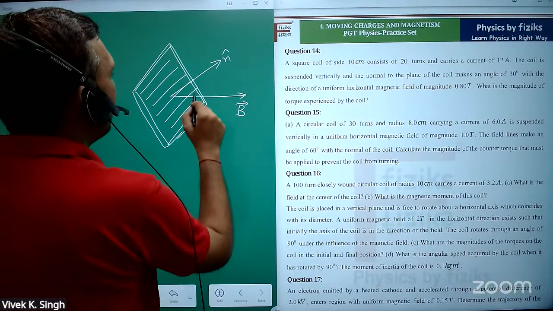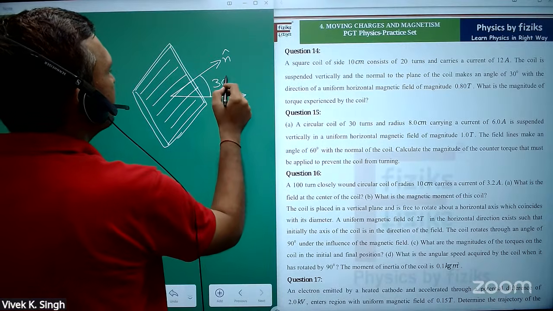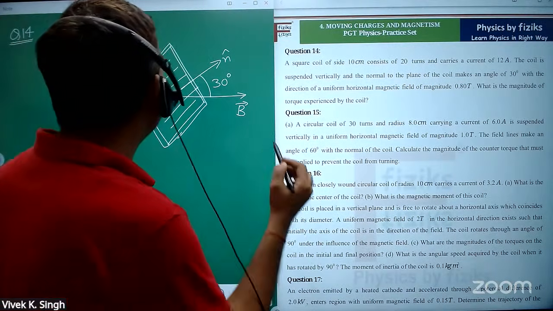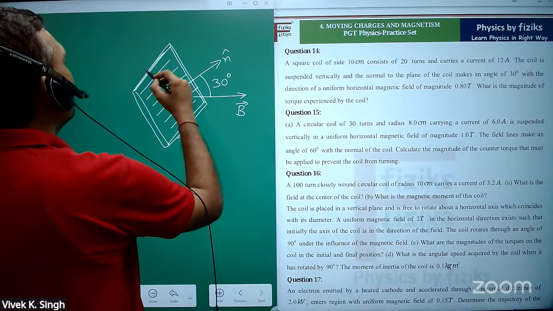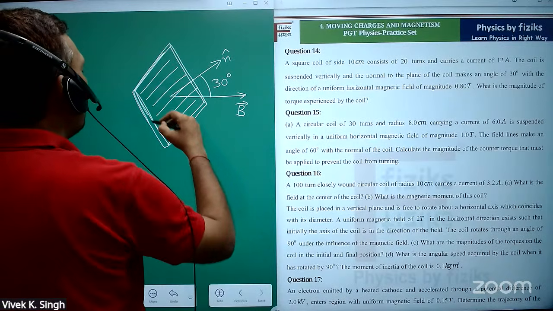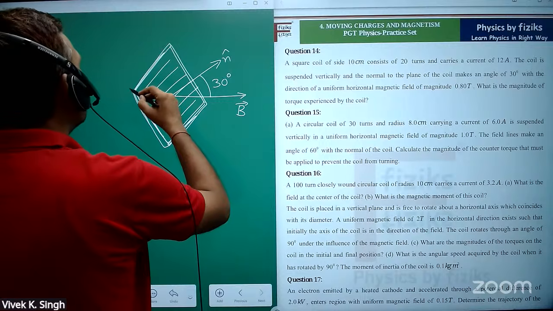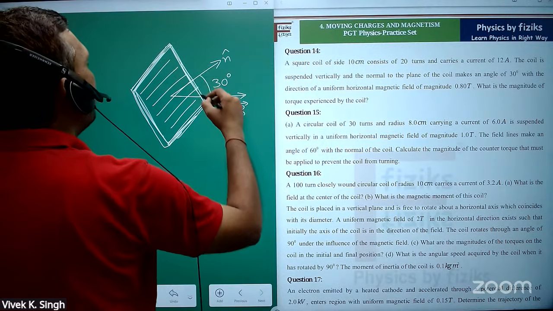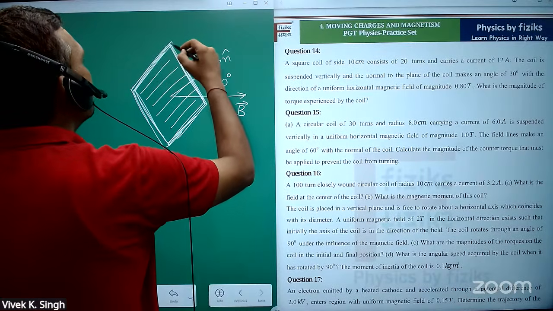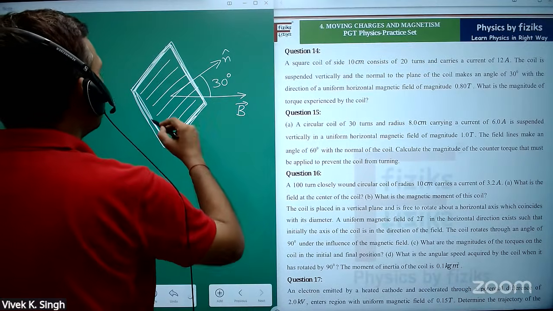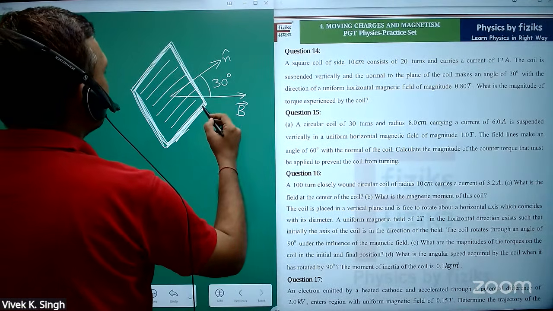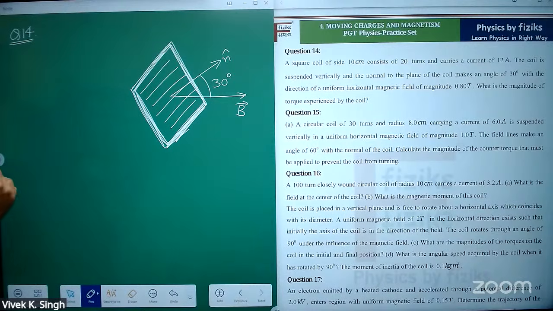And this makes an angle 30° with B. So when you have a small current loop, it acts as a small magnetic dipole. So I'm taking this to be a coil having 20 turns. So what will be the dipole moment?